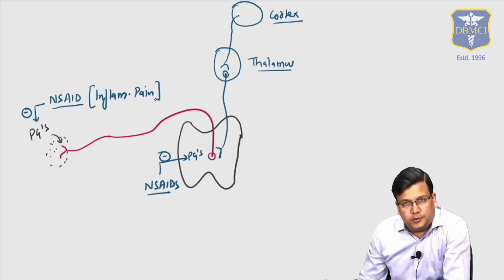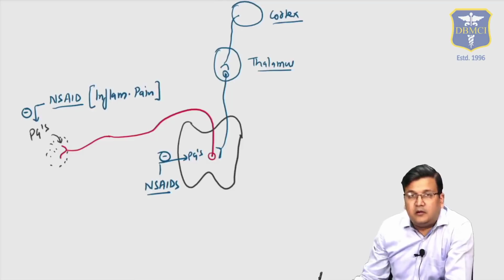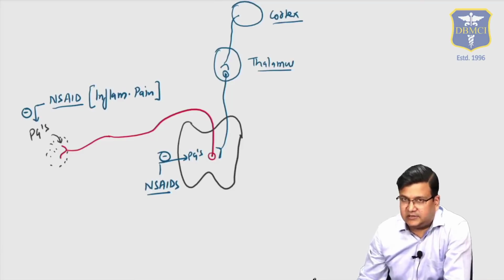Now coming to opioids, we have mu, kappa and delta receptors, out of which mu is the most important. So I will show only mu in the diagram.